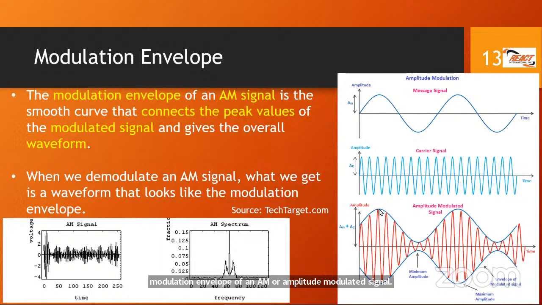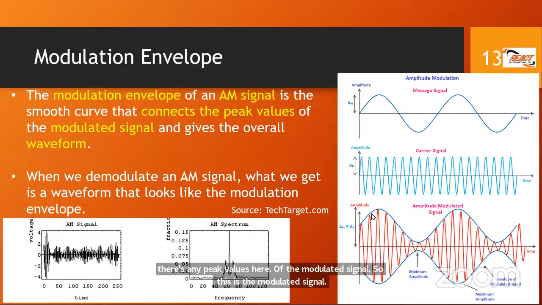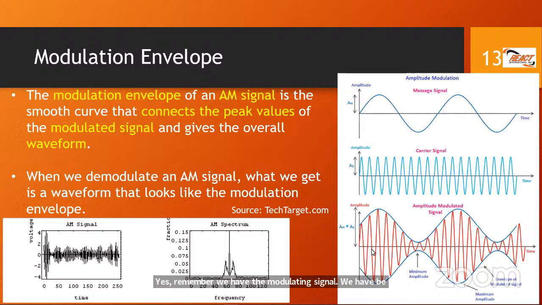So these are the peak values here of the modulated signal. So remember, we have the modulating signal, we have the carrier wave, and then we add them up, or we superimpose one on the other, and then we end up with this modulated signal, and that gives the overall waveform. So this is the modulation envelope for an AM signal, and this is an exam question.